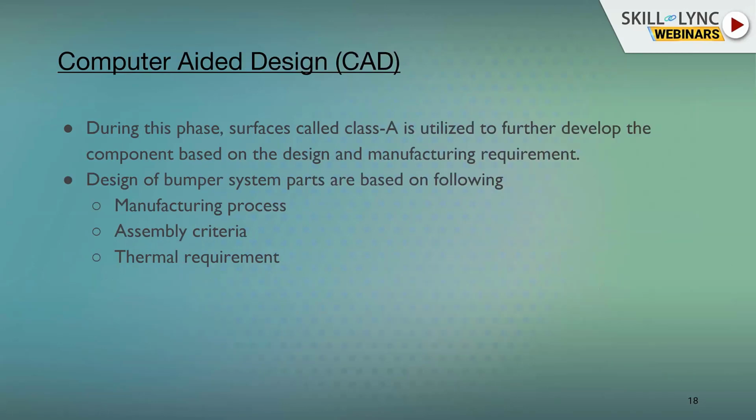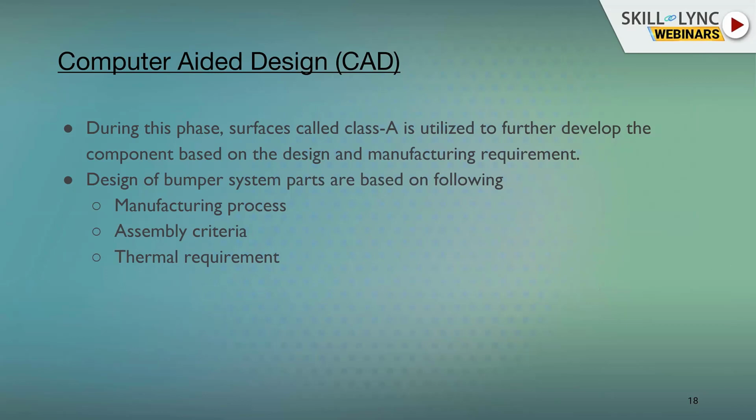Once the class A is developed based on the previous criteria we spoke about, it is provided to the engineering design team, and from there all the engineering features are added to the system.